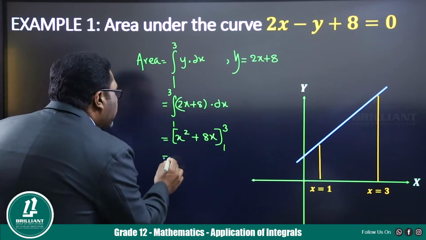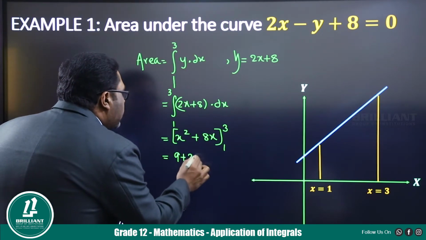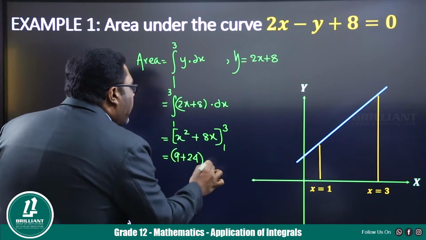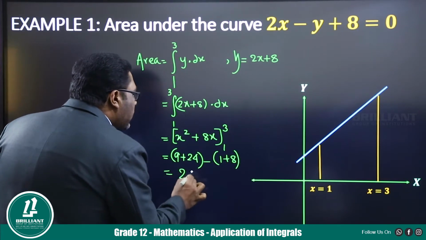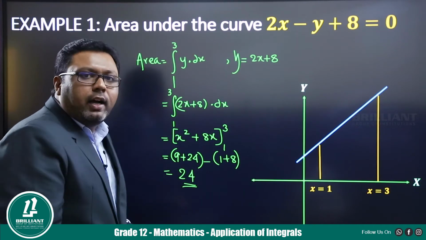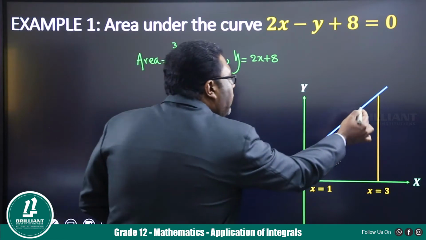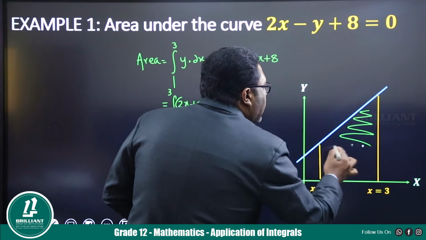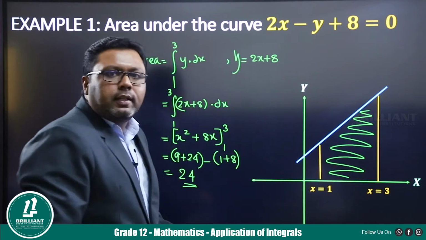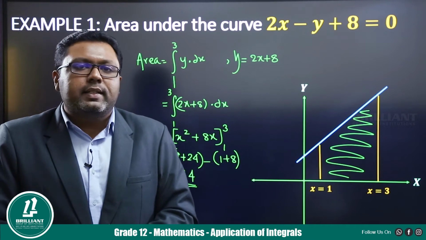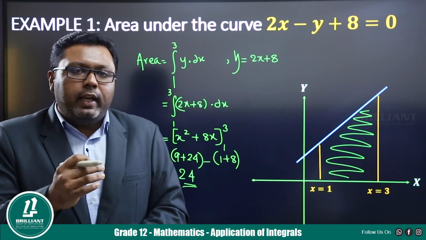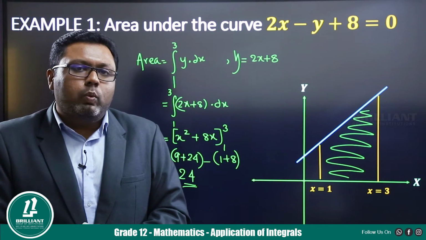It is going to be (9 plus 24) minus (1 plus 8). The final answer is 24. So the area bounded by the line with the x-axis and the two abscissas is 24. That is the most simple example you could do with the area function integral a to b y dx.